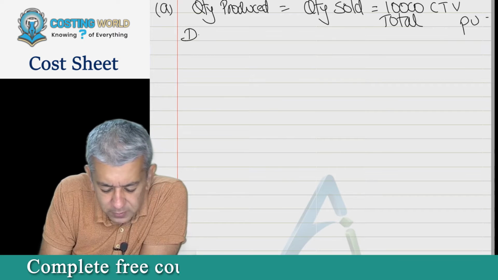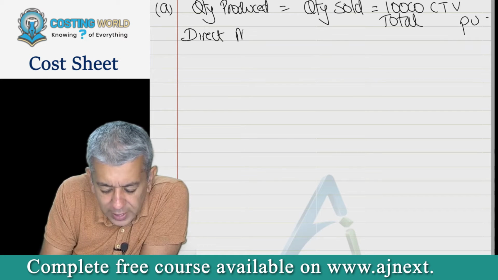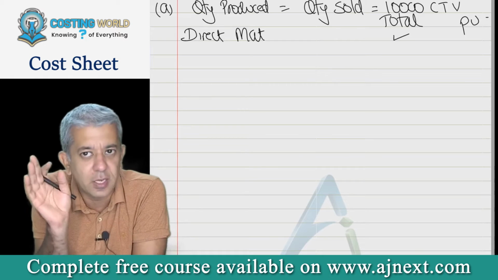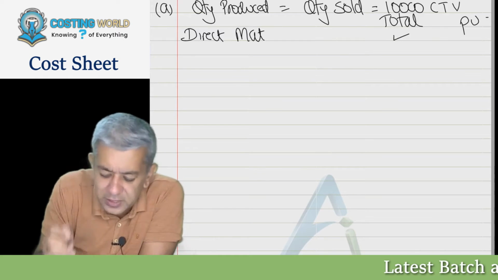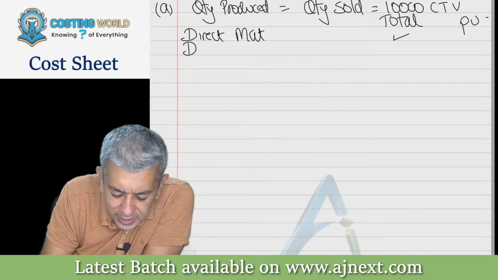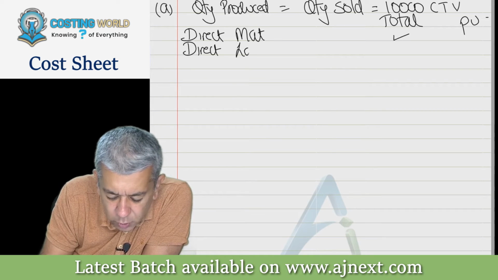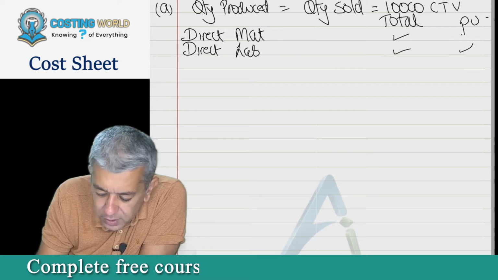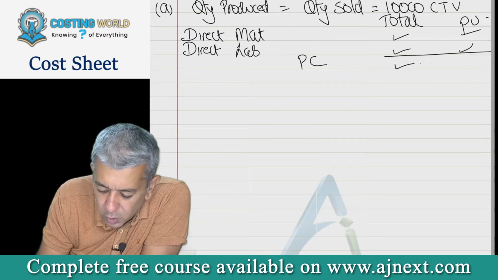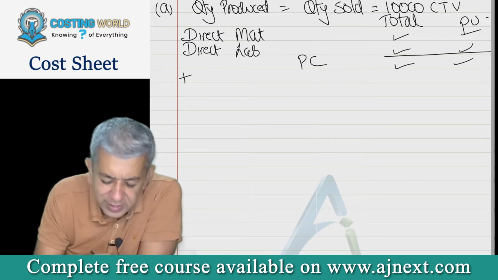Direct material. So, direct material in this particular question is directly given to you as 90,000 rupees. Quantity is given to you. Please divide by that. Quantity is 10,000 color TV tubes. Then there is direct labor that is also directly there with you. There is no direct expenses. This will give you prime cost. Once you do that, the next thing that comes is add.